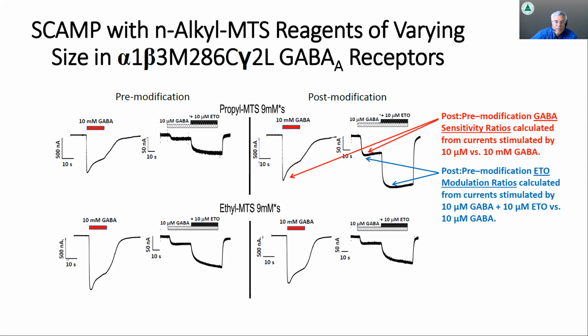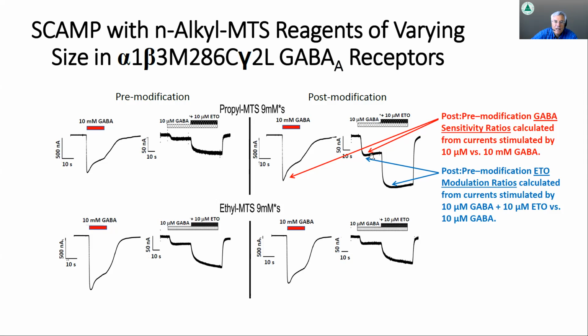So here we're focusing on GABA sensitivity, but what you can see is with exposure to 9 millimolar seconds of Propyl-MTS, before exposure, 10 micromolar GABA activates only about 2% of the maximum current.